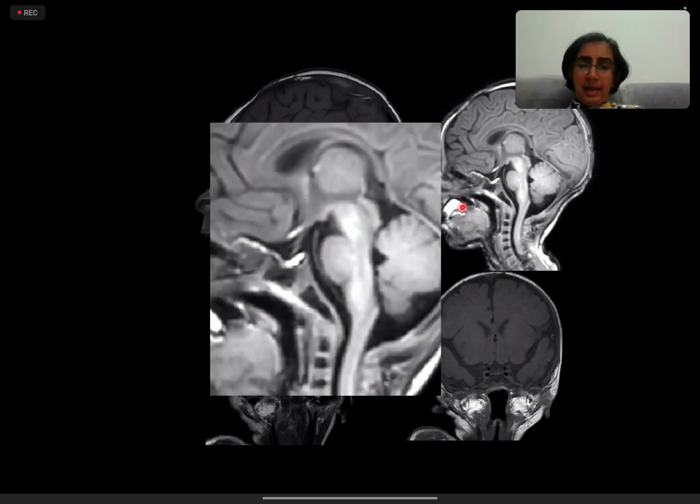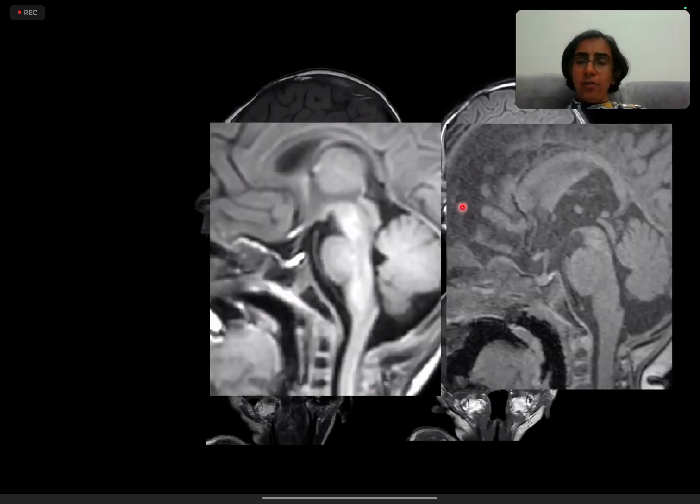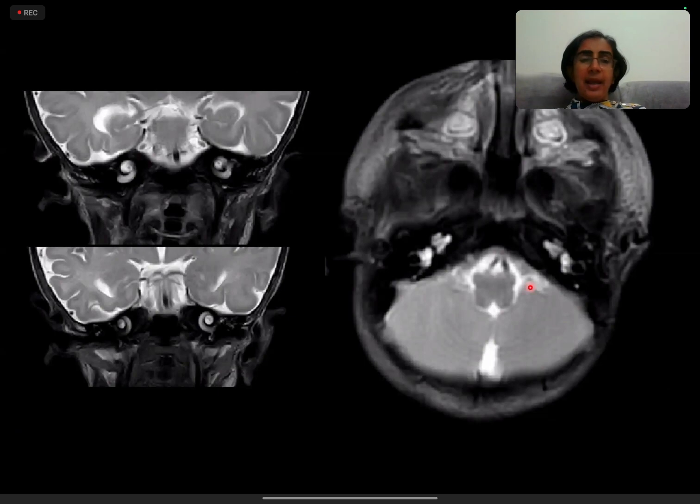Very good. So this patient, and this is a normal 2-month-old patient for comparison to show the size of the adenohypophysis. So there is hypoplasia of the adenohypophysis, and like you said, the cochlea appears cystic bilaterally, not only on the left. That was just partial volume, so you are not seeing the right side. So both the cochleae show cystic dilatation.